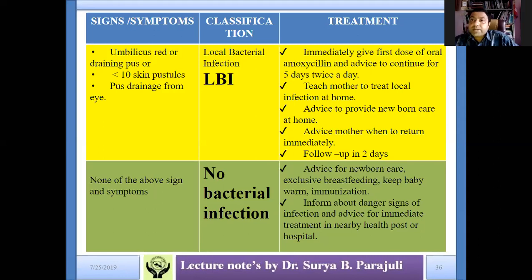And advise to provide newborn care at home, as well as advise mother when to return immediately if there is any sign and symptoms related to severe or serious bacterial infection, which was just discussed in my previous slide. Then you need to ask mother to return immediately to their center. In a normal condition, you need to ask them for follow-up in 2 days. This is LBI or yellow zone.